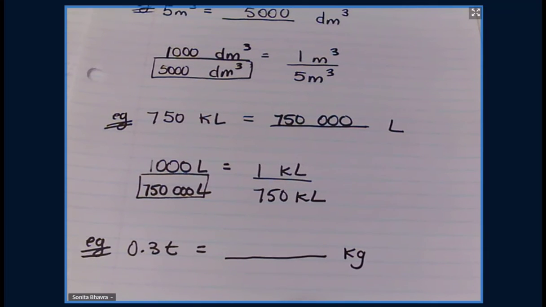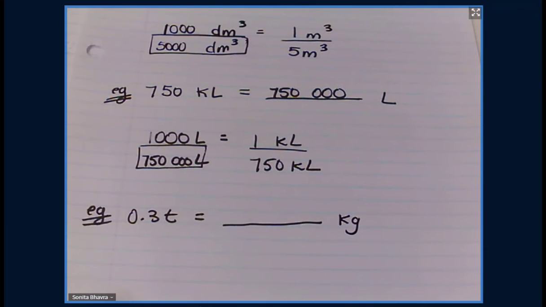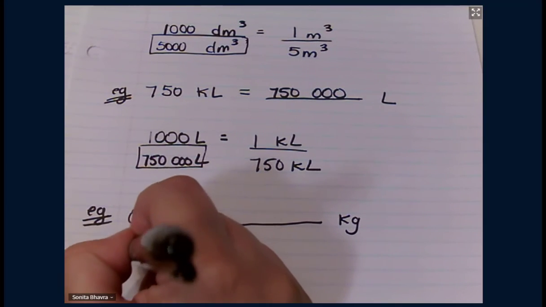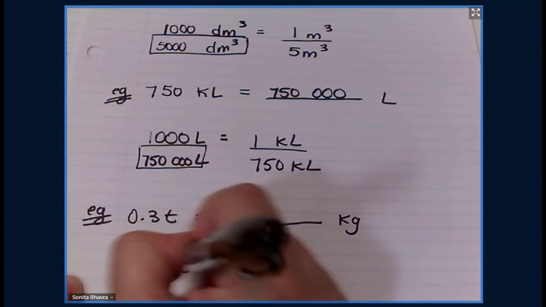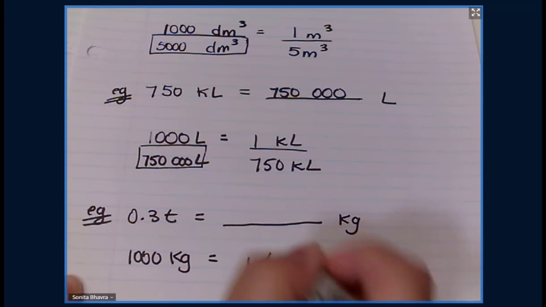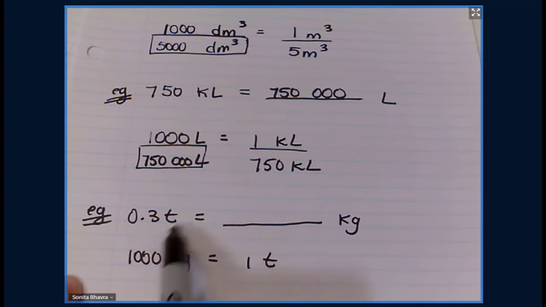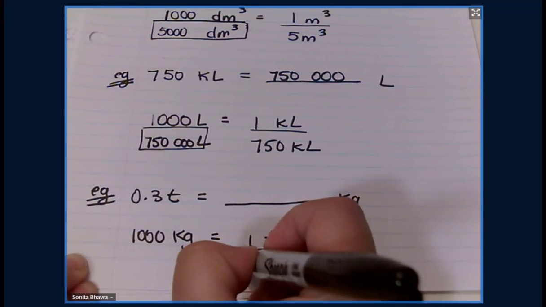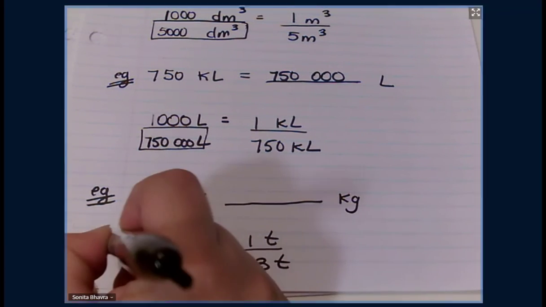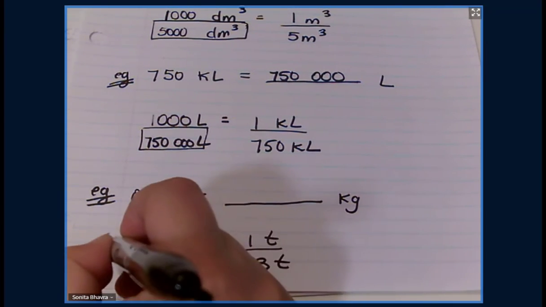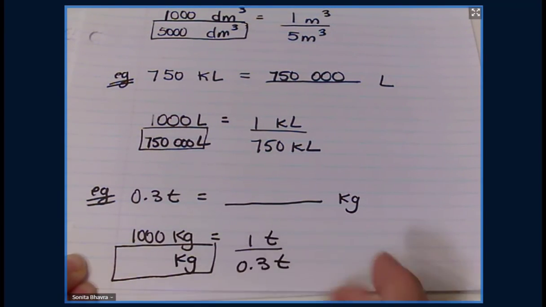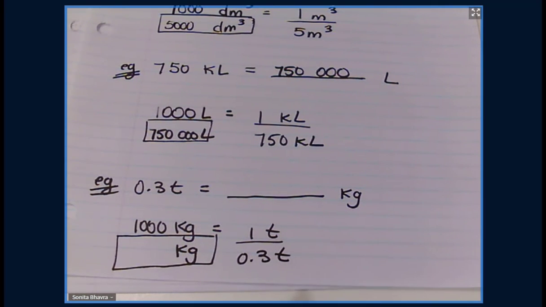Using our conversion factor, we know that 1,000 kilograms is equal to 1 ton. And we're given 0.3 tons. And we need to solve for how many kilograms that is. So again, cross multiplication, 1,000 times 0.3 divided by 1. And you'll get 300 kilograms.